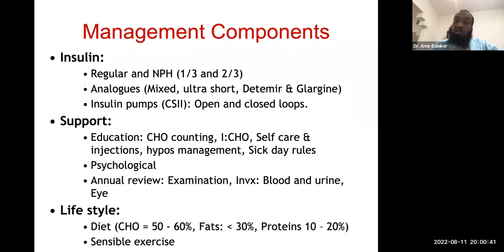The company producing glulisine or Apidra is the same one producing Lantus, called Sanofi Aventis, a French company. So we have two American companies, Lilly and Novo Nordisk, and Sanofi Aventis producing Lantus.